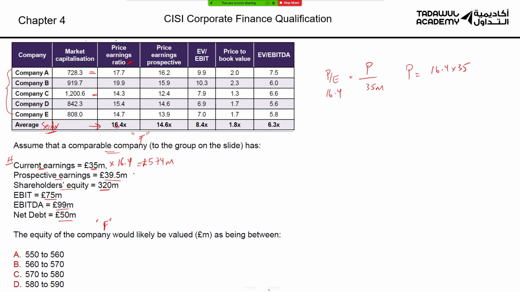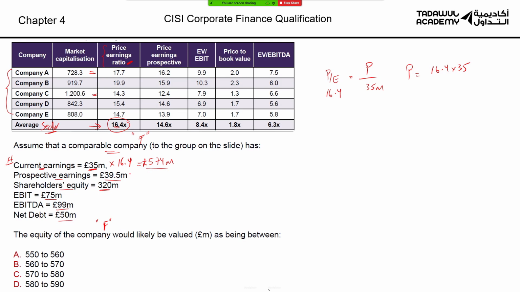If the sector's average historical PE ratio is 16.4 and this company has earnings of 35, we can obtain an estimated valuation of 574 on the historical PE ratio.